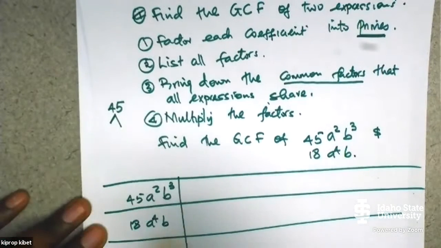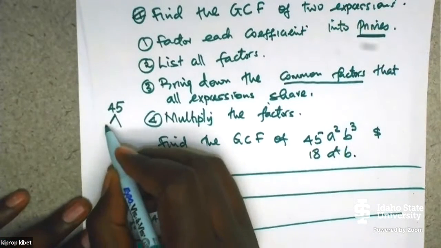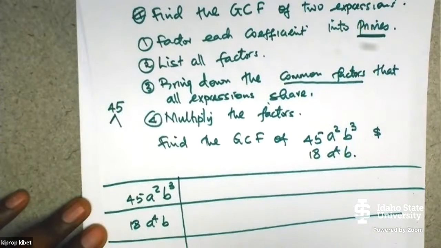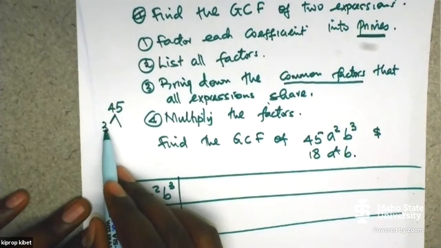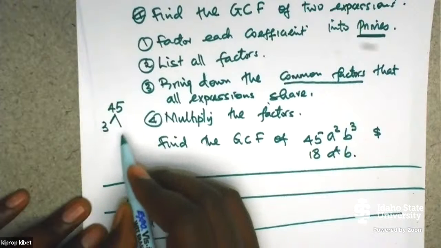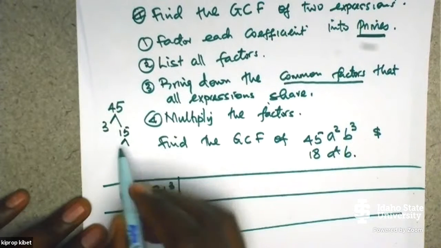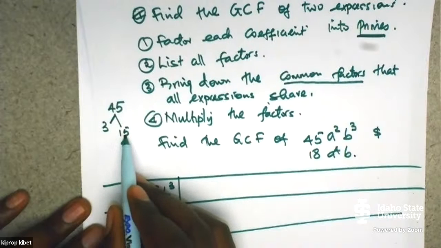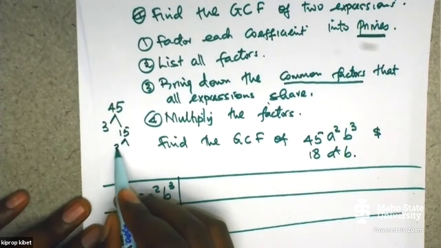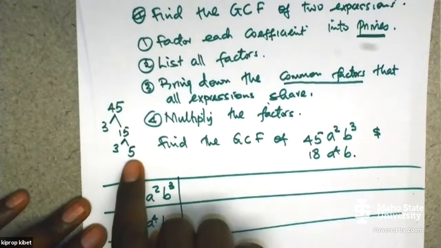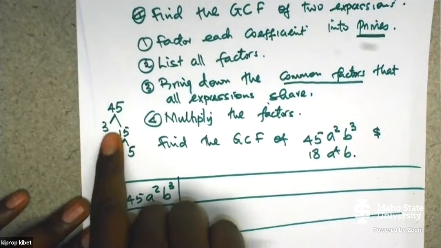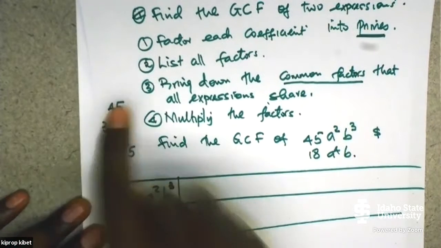You can start from 1, so 1 times 45. The next one is 3, and 45 divided by 3 is 15. The smallest that divides 15 is 3, and then you get 5. So 5 by 3 is 15, by 3 is 45.